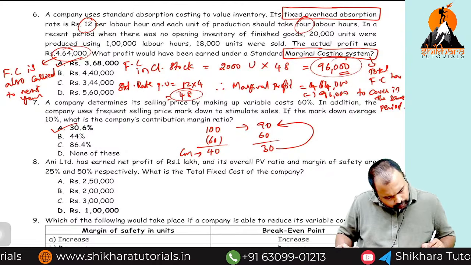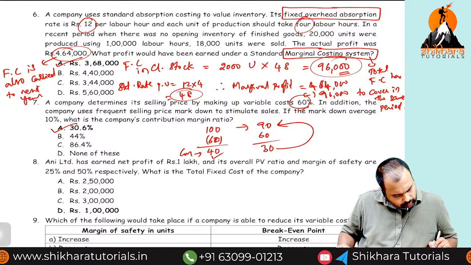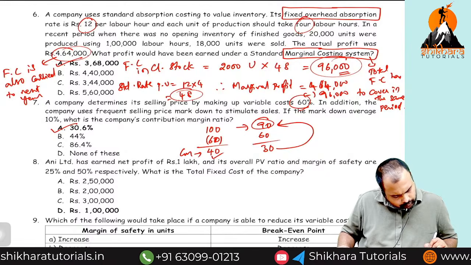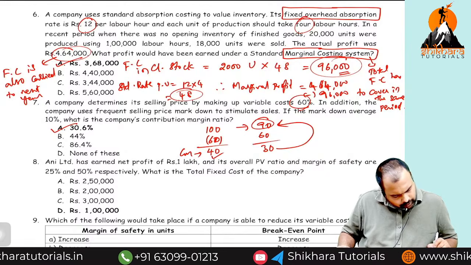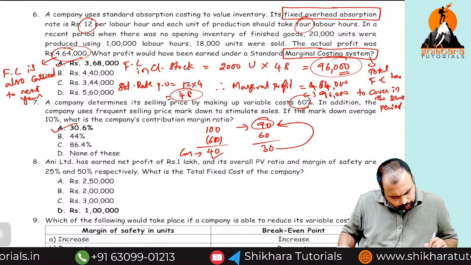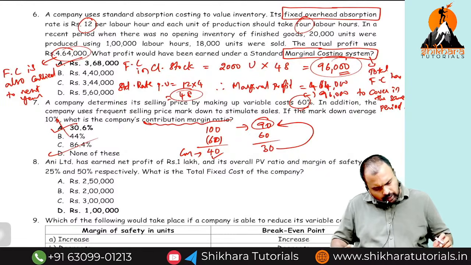If sales is 100, variable cost is 60, contribution has to be 40. Now they're decreasing by 10%. What will be the contribution margin ratio? It has to be none of this. 33.33 has to be.